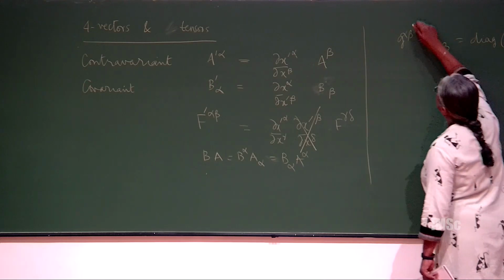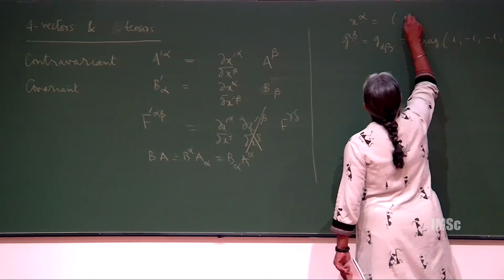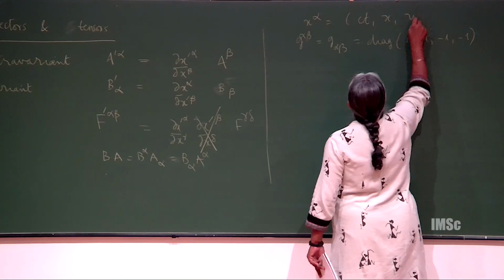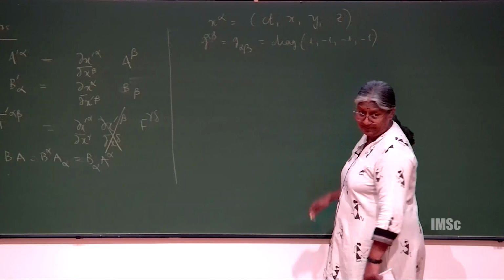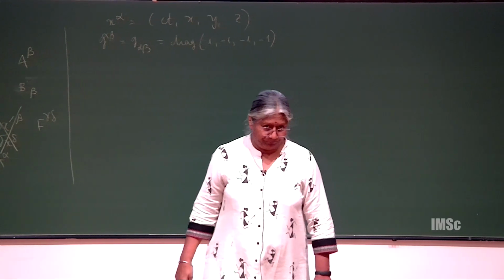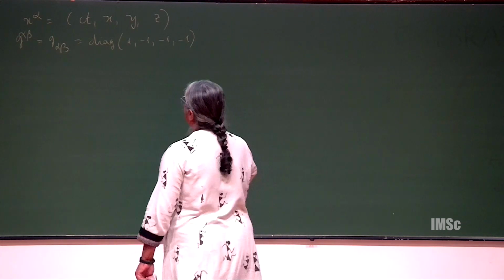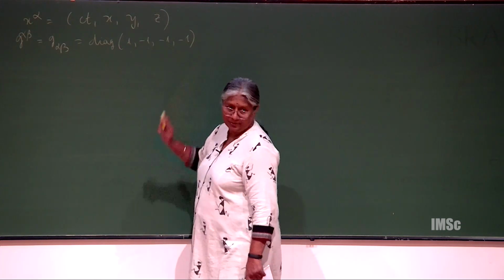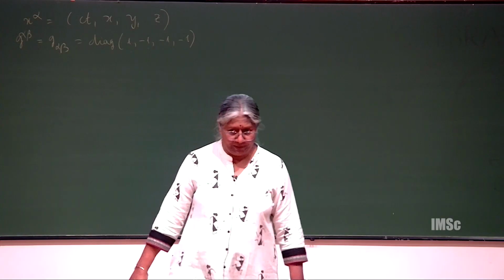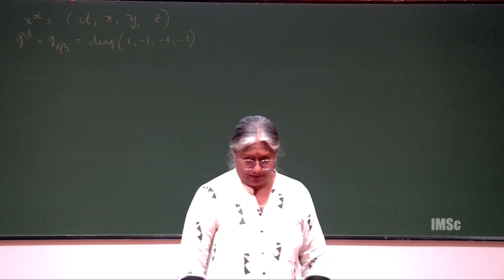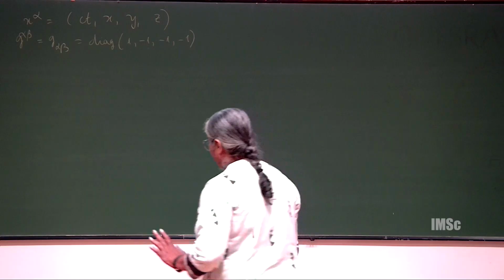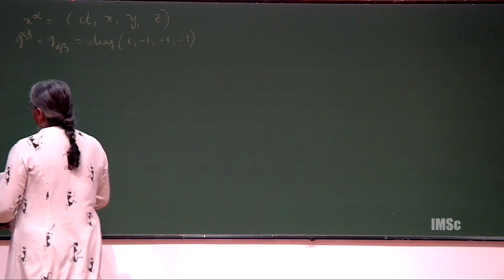This is because we have taken x alpha to be Ct, x, y, z. Some books will define x alpha as x, y, z, comma Ct. Then the metric tensor will have minus 1, plus 1, plus 1, plus 1, but it's your choice. It won't make any difference to the physics, as long as you know what you're doing and you have a consistent set of definitions.